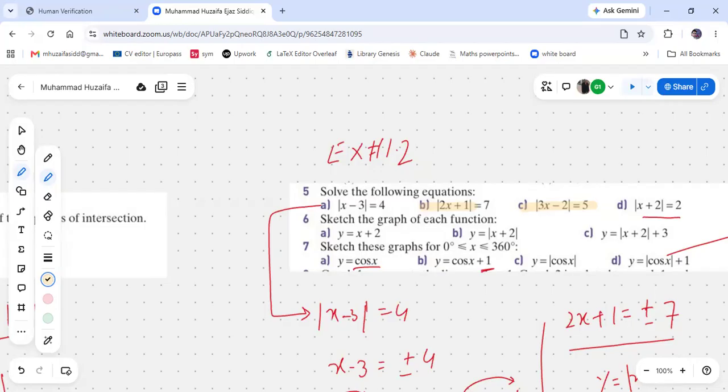X equals 0, x equals minus 4. Very good, 5D. Okay. And now you are moving to 6, and you are doing this one, and also this one, and also this one.